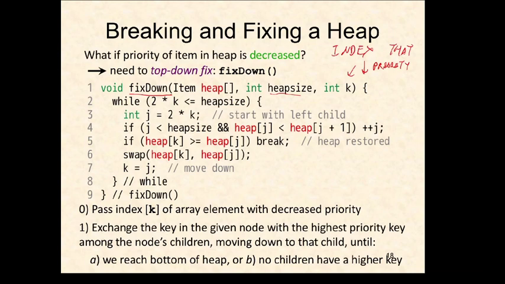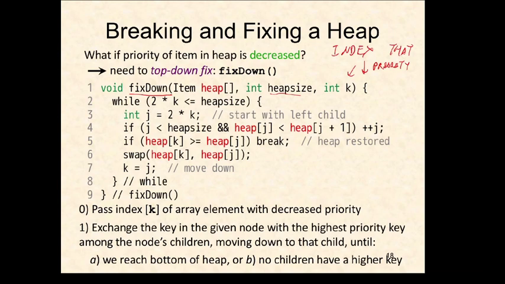So now we've got a while loop. While 2 times k is less than or equal to the heap size. What is that while loop saying? Remember our loop condition for fix up. When we did a fix up, we had to say while we're not at the root.